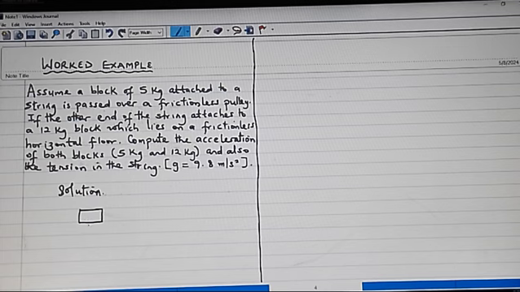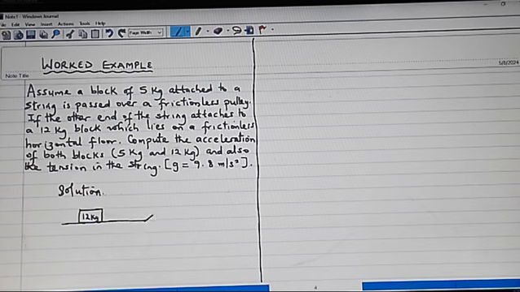Let's read the question all over. Assume a block of 5 kg attached to a string is passed over a frictionless pulley. If the other end of the string attaches to a 12 kg block which lies on a frictionless horizontal floor. So this 12 kg block is lying on a frictionless horizontal floor.